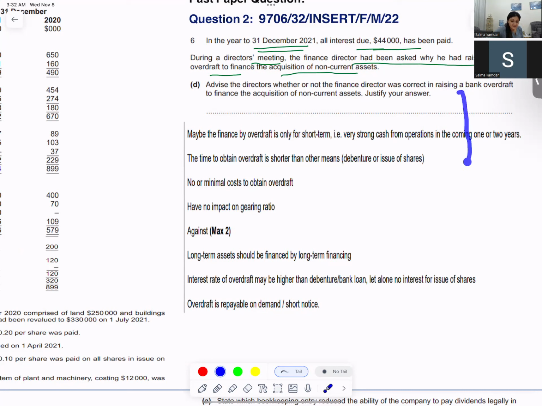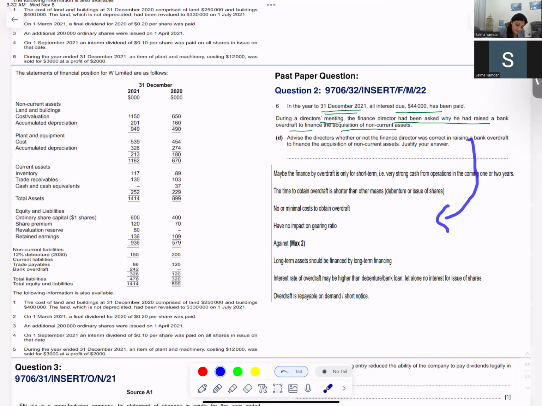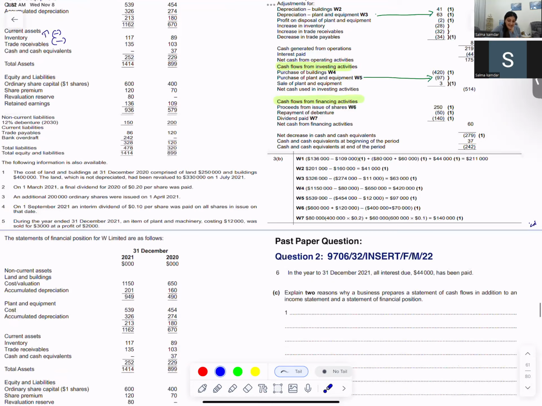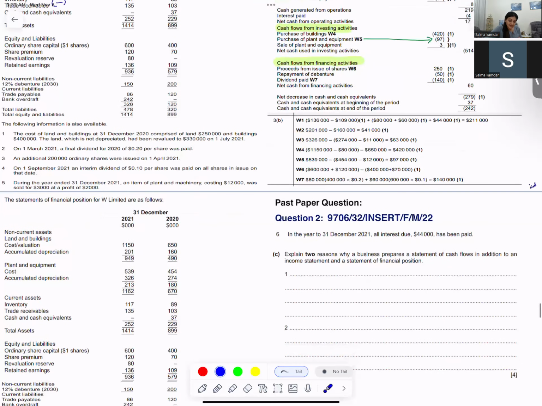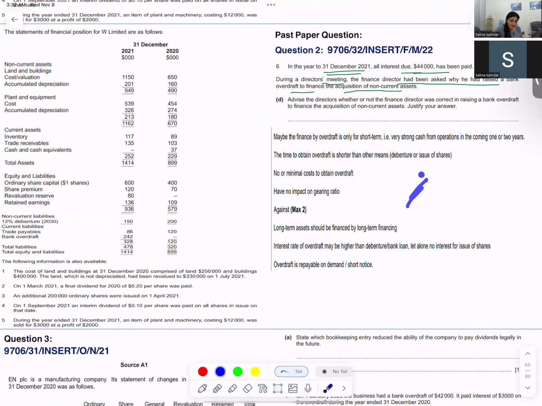We could say that he was correct in raising the bank overdraft because it was easy. His cash generated from operations is very good. What is his cash generated from operations? 175. So he has the ability to repay and it has no impact on the gearing ratio. So maybe he was correct in raising a bank overdraft as he thinks that he is able to repay it quicker.